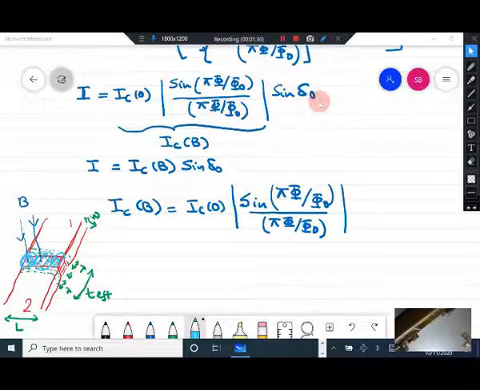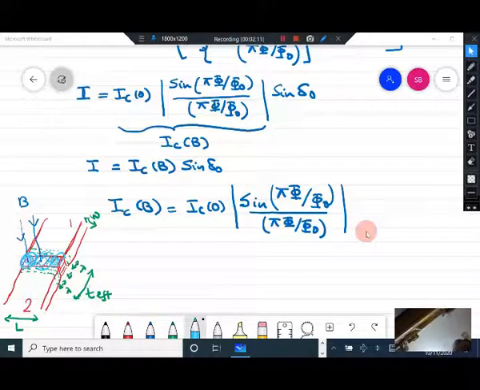Delta naught is the average phase difference between the superconductors 1 and 2. So this is nothing else but written as I equal to I_CB into sine delta naught, where I_CB is the critical current in a magnetic field of this junction, and I_CB is nothing else but I_C0 sine(pi phi by phi naught) divided by (pi phi by phi naught).